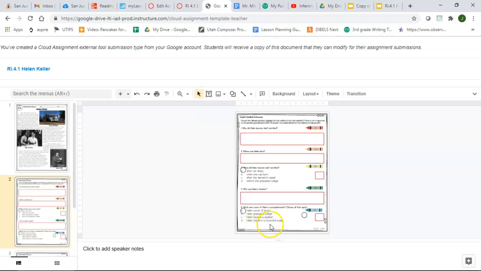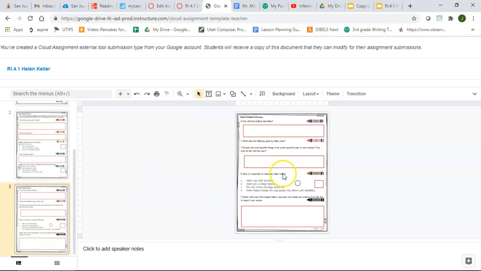Helen starred in a movie and a play. I'm going to say that she graduated college. Those were 2 of her accomplishments. The circles may not be perfect, but I'll be able to see that you've circled the right 2 answers.